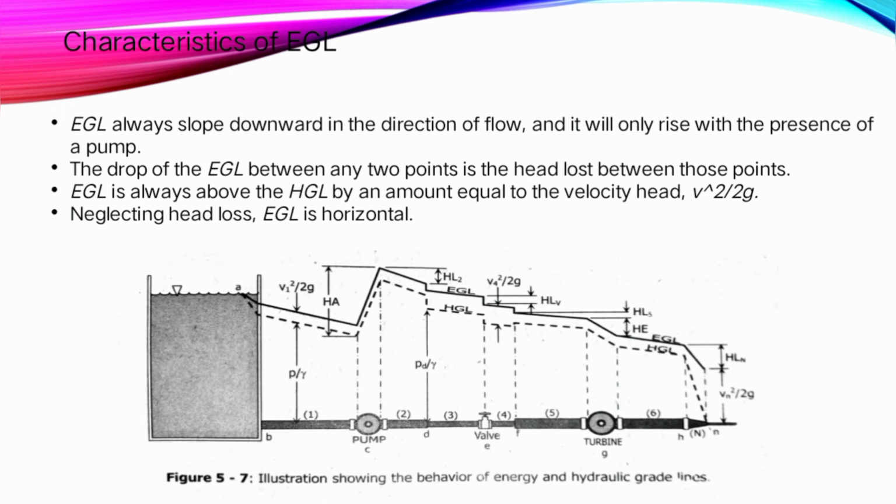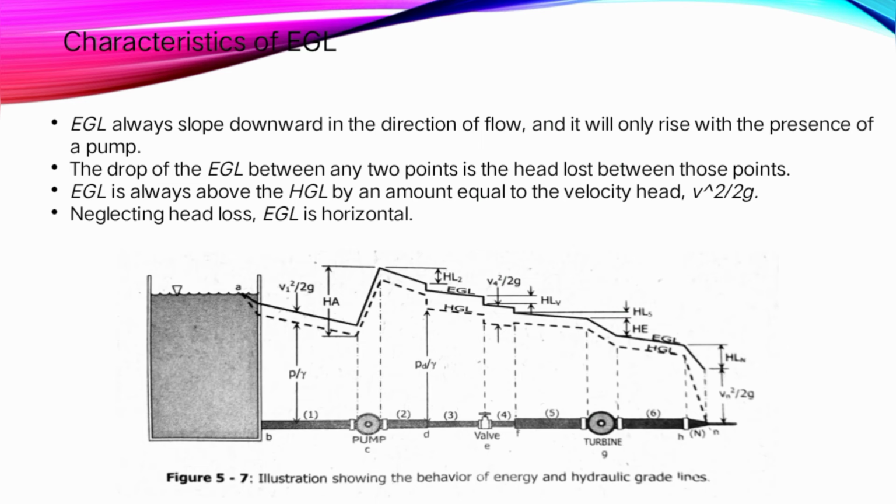And the characteristics of EGL is EGL always slope downward in the direction of flow, and it only rise with the presence of a pump. The drop of the EGL between any 2 points is the head loss between those points.